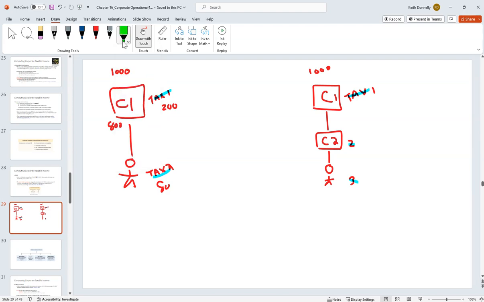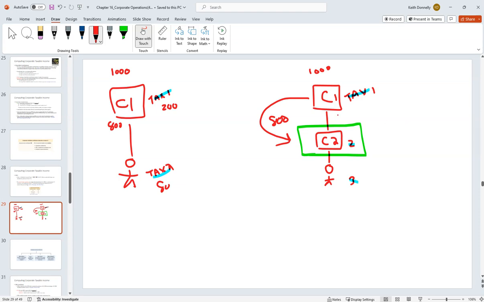So what the IRS does is they say, okay, look, if you're a corporation that owns another corporation, if they pay you a dividend, let's just say $800, we will give you a deduction for that. And it could either be a deduction for the entire amount or part of it.